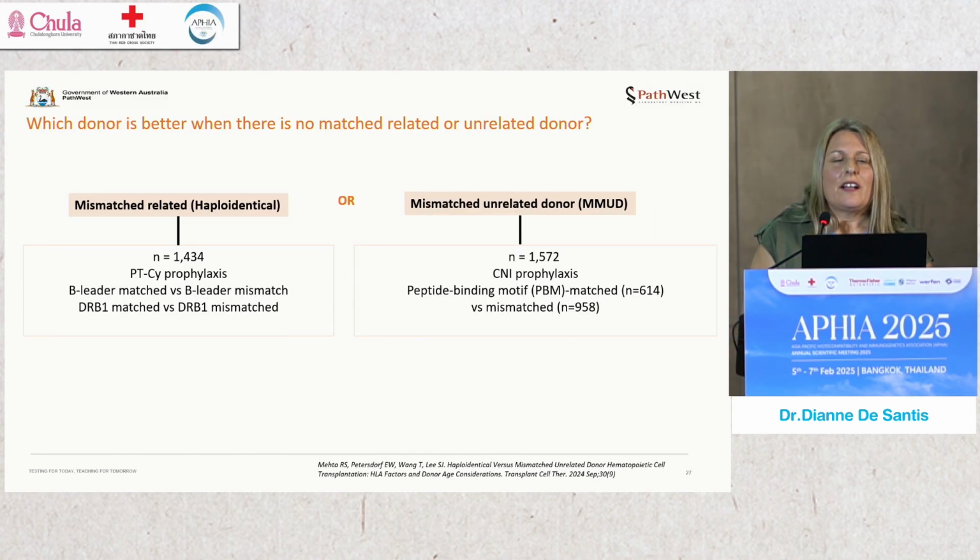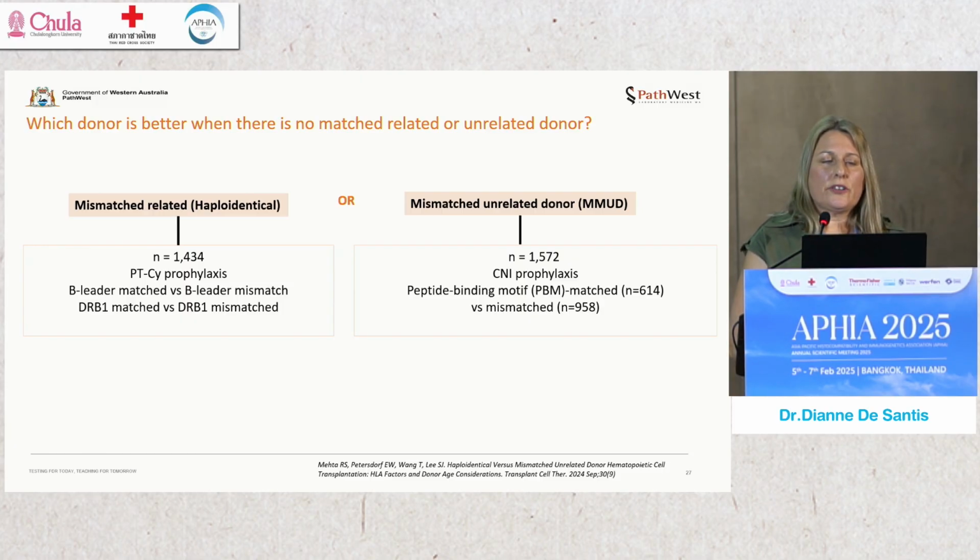So I often get asked which donor is better, a young mismatched related haplo or a mismatched unrelated donor. So in this study, they compared these donor sources, comparing the haploidentical transplant using PT-Cy GVHD prophylaxis to a mismatched unrelated donor cohort receiving CNI prophylaxis.